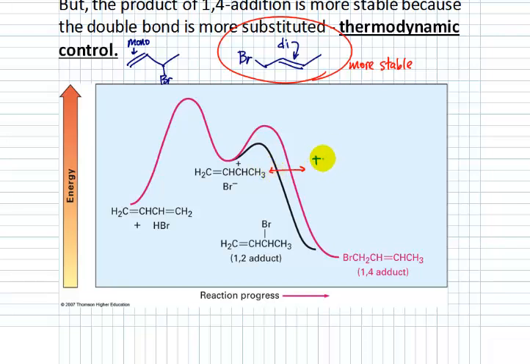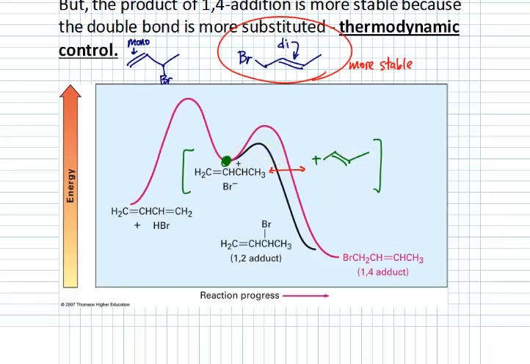Let's just do that. There we go. So the secondary and the primary, okay? Both of those exist right here on their own. Here they're being attacked by the bromine.